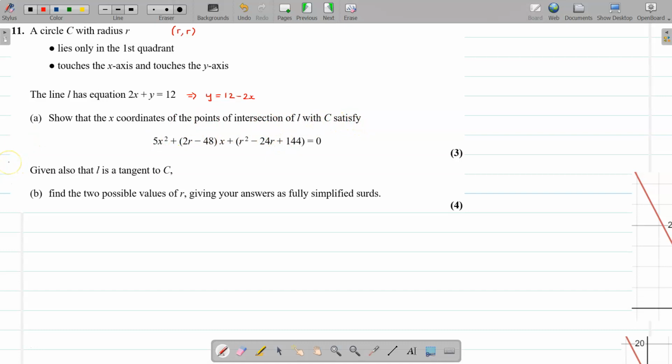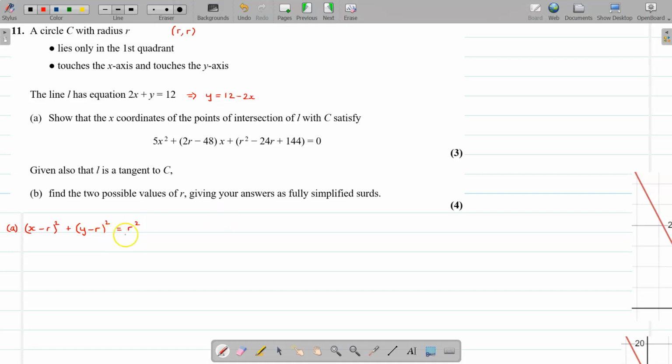So I'm just going to put some algebra down. I'm going to start with the equation of the circle, which is going to be this. Let's put question A there. So it's going to be x minus r all squared, plus y minus r all squared. And that's going to equal the radius squared, which is, of course, r squared.